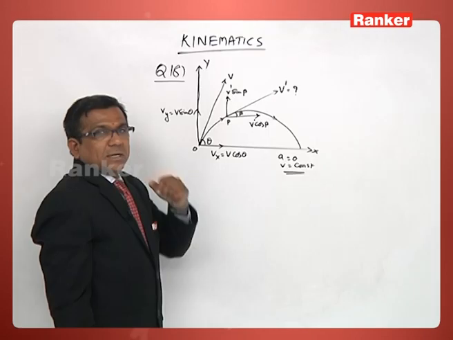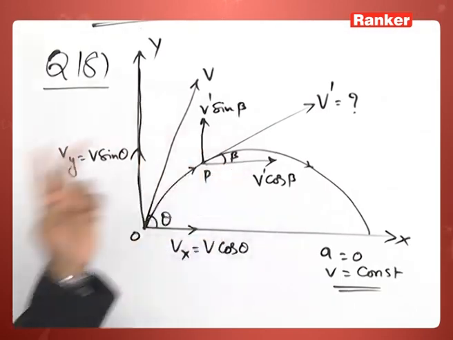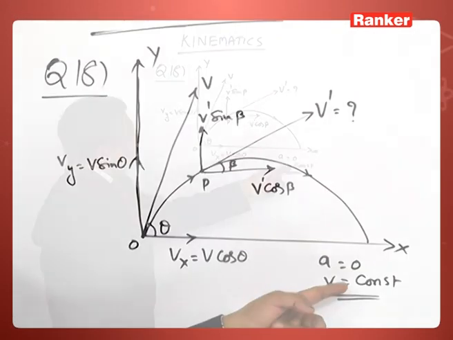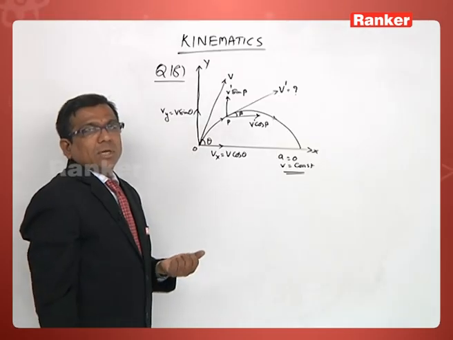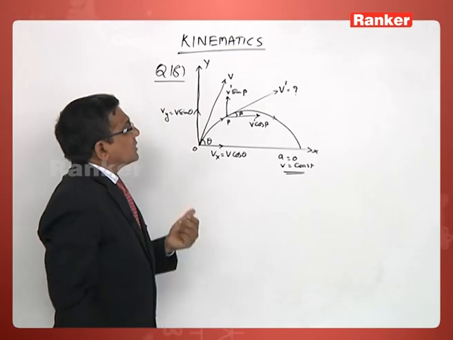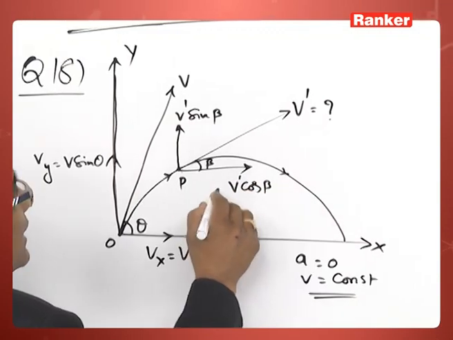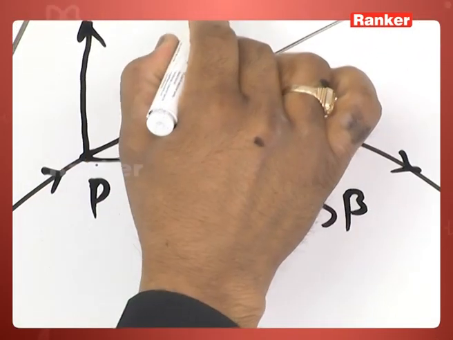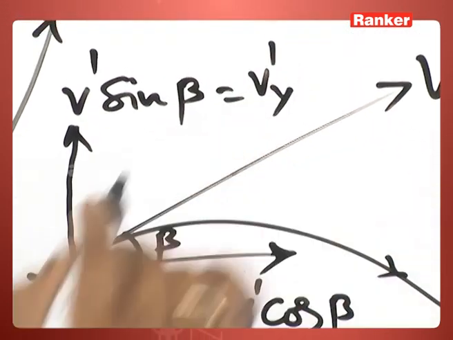Now you want to calculate this velocity. In the horizontal direction velocity remains constant. This I can write as V prime x component, and this I can write as V prime y.